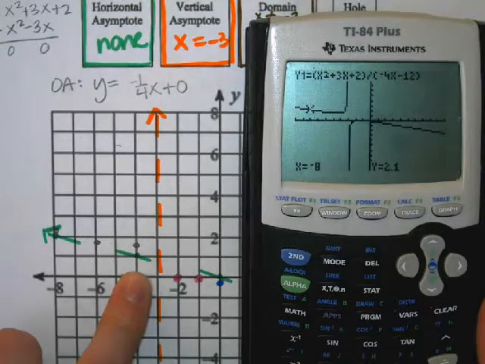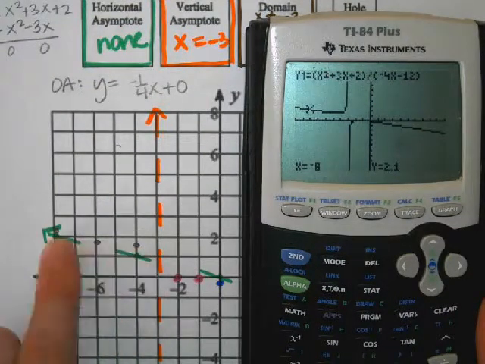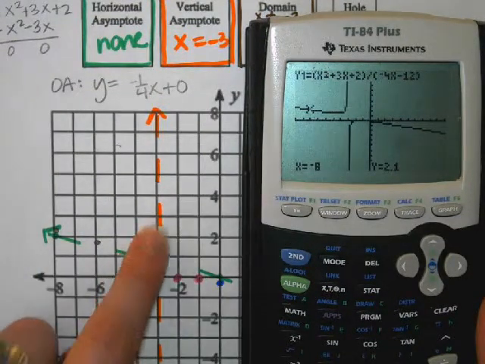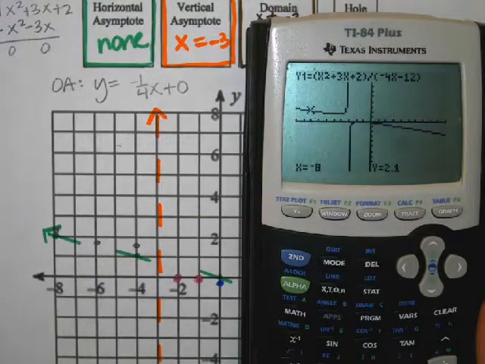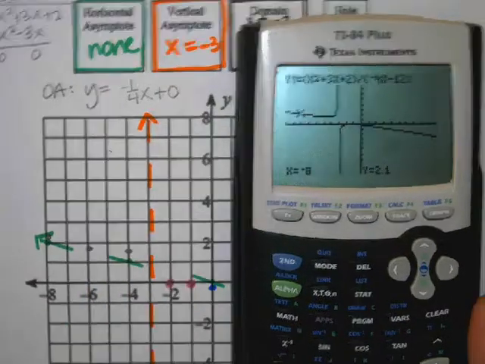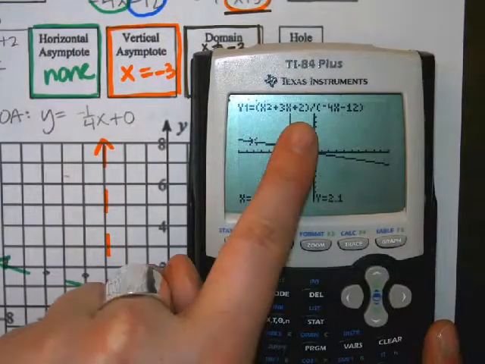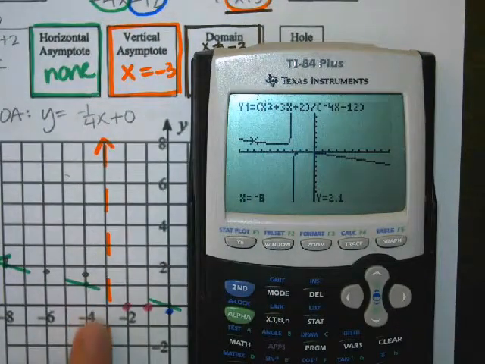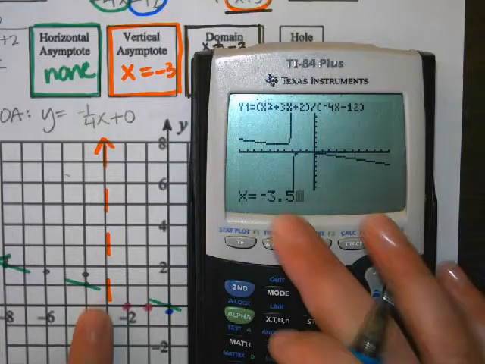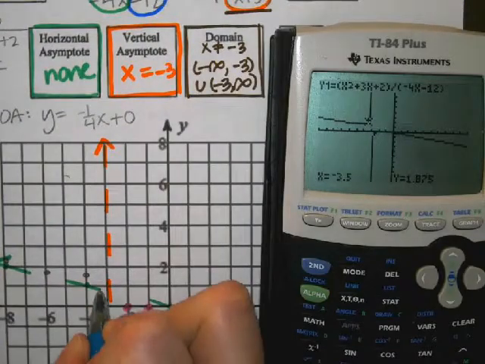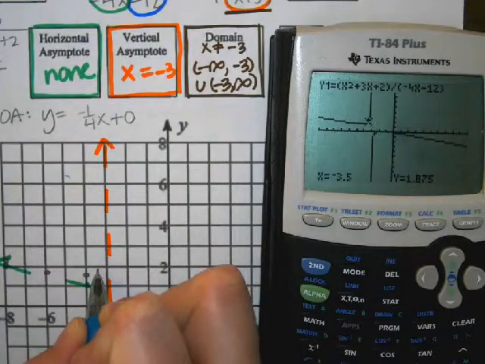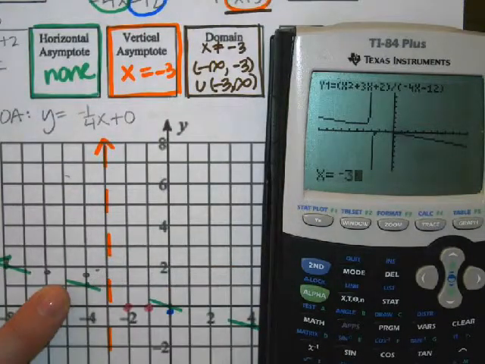If you want to see what happens, because right here, I can see what happens at -4, but I'm not sure what happens right here. I understand the way asymptotes work, where the curve gets really close to it, and I can see on the screen that it curls up. But if you want to get some better points, you can even plug in decimals, like -3.5 would get you a little bit better on this one. -3.25.